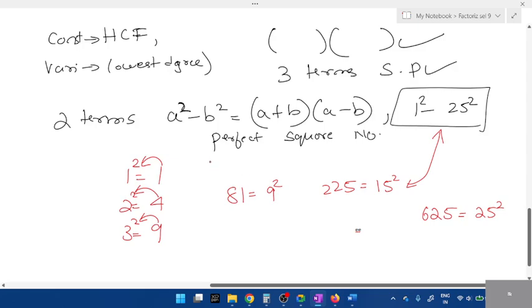So once we solve 1 or 2 questions, you'll understand. See, this part is important.